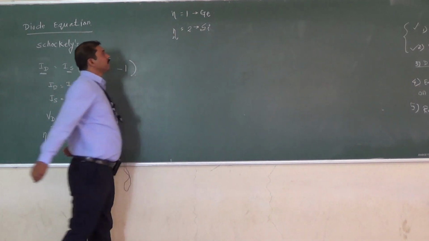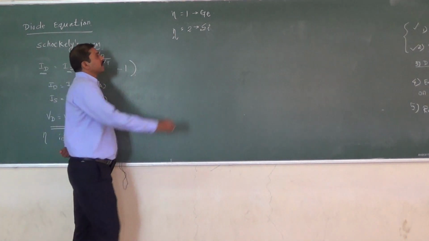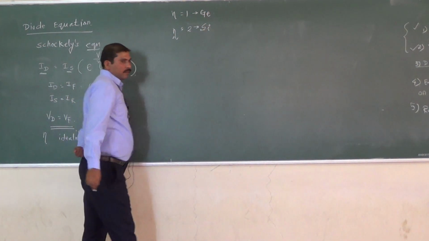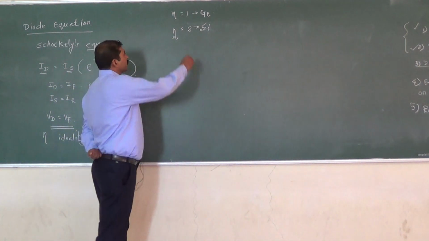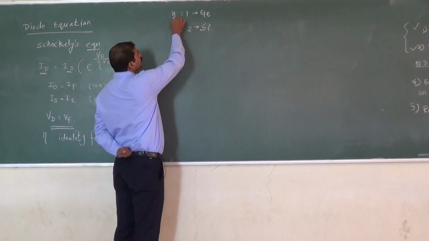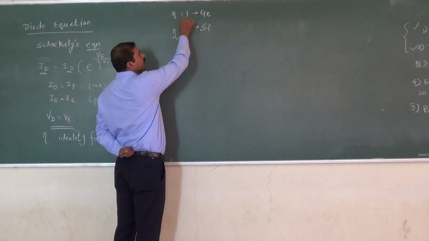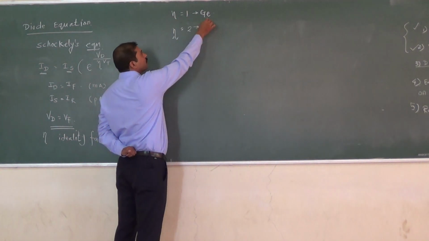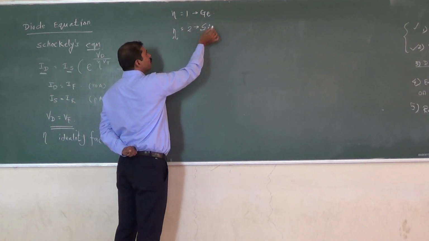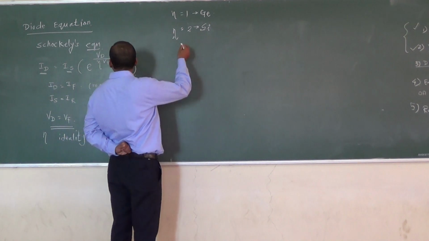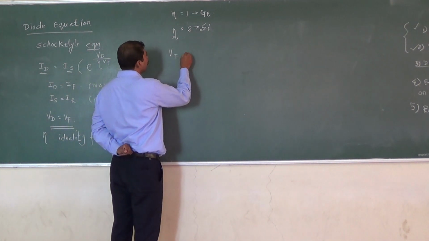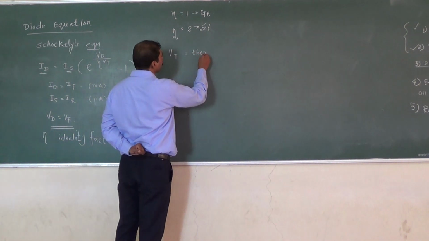Now this ideality factor depends upon the type of material, the condition in which experiments are performed, and many other terms. But for the time being we can consider eta as the ideality factor, where eta is equal to 1 for germanium and eta is equal to 2 for silicon. Now in this equation there is a term Vt. Vt is nothing but thermal voltage.